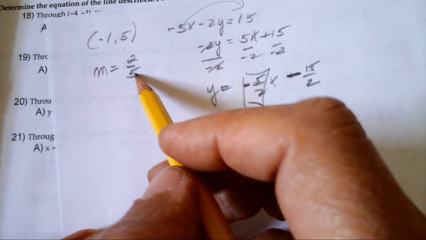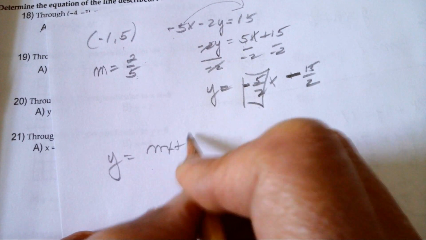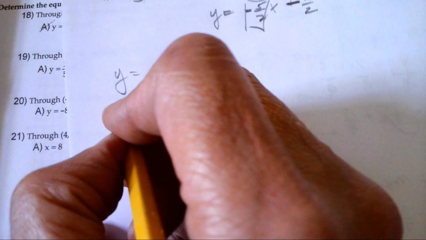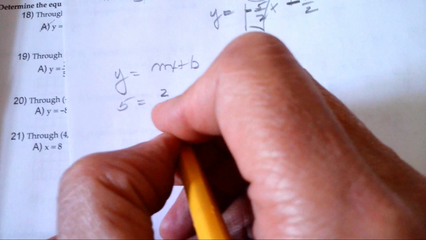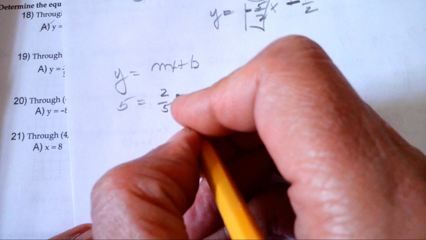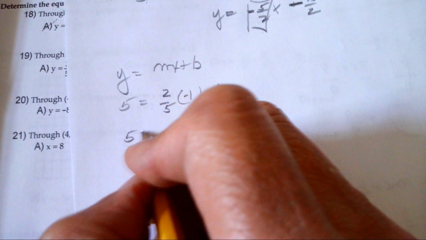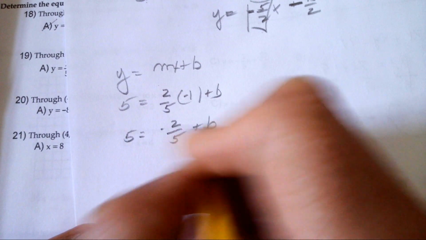All right, so I got a point and I got the slope. y is equal to mx plus b. So my y value, 5, is equal to my slope, 2/5, the negative reciprocal of minus 5/2, times my x plus b. So I get 5 equal to negative 2/5 plus b.